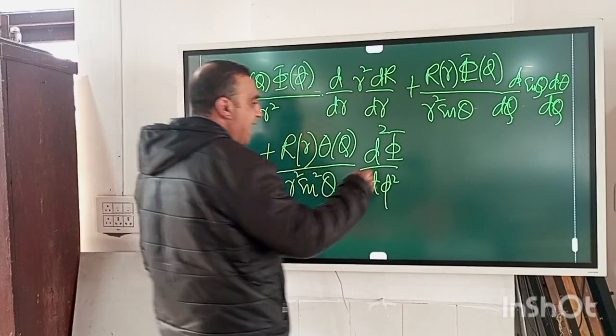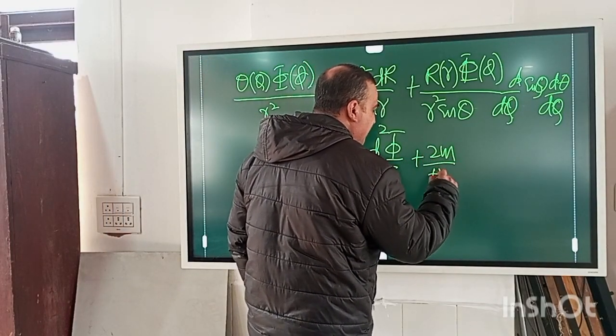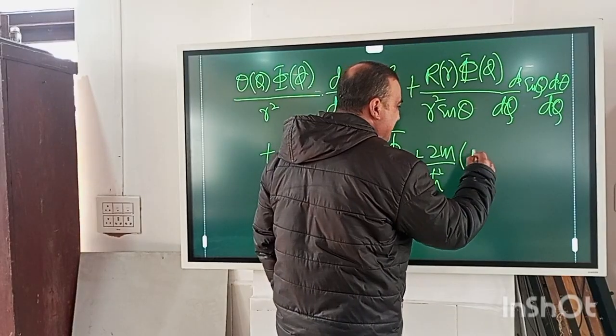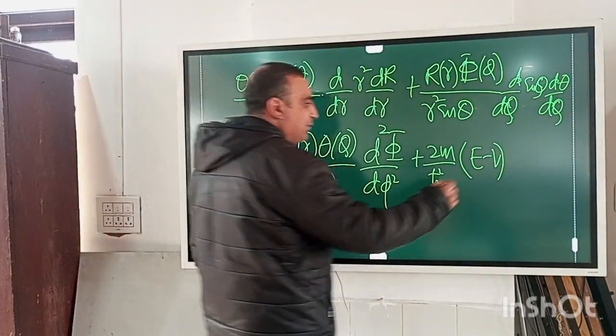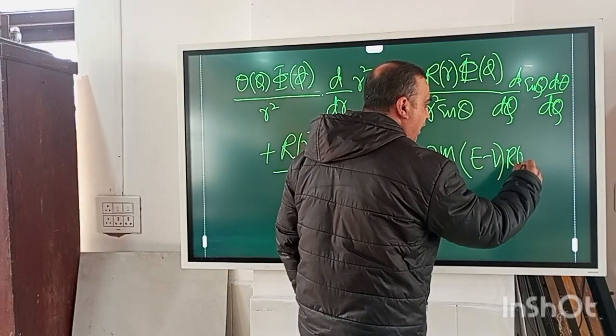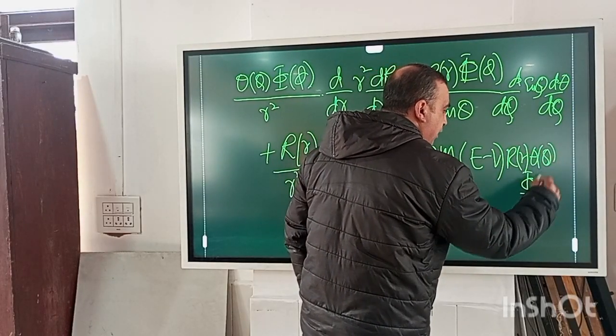And then we have, as usual, 2m/ħ² times (E minus V) of psi. But what is psi that we have chosen? It is R(r), Θ(θ), and Φ(φ).